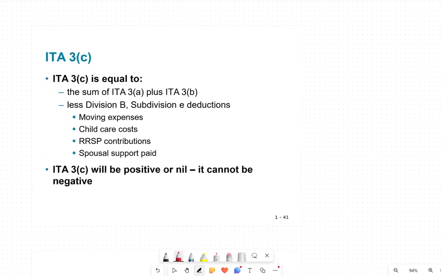Now, when we think of the income, we are allowed some deductions. What are those deductions? First one is moving expenses. If you move from one province to another province, that is called a moving expense. You have children and you pay child care expenses.